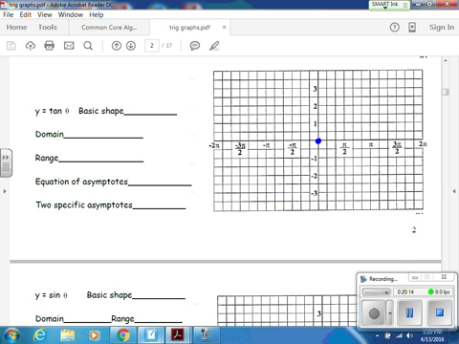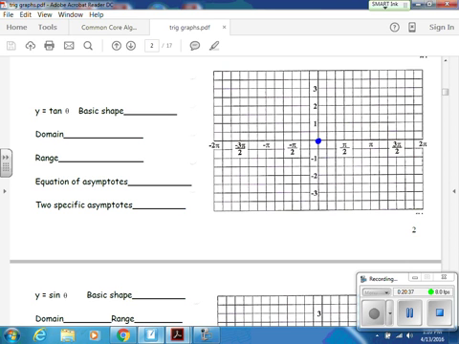Okay, let's go to pi over 2. What happens at pi over 2 when I try to find tangent? Why is it undefined? It's 1 over 0.